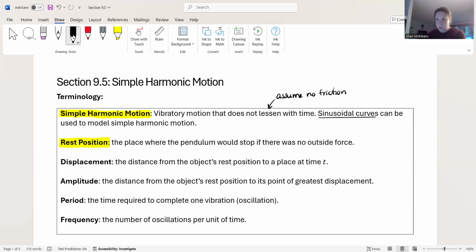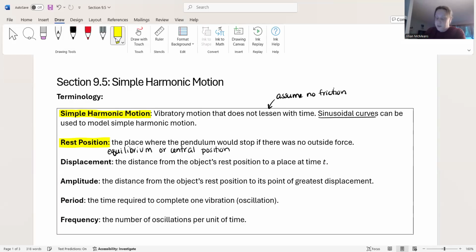We pull it down, it's no longer at rest. We pull it up, it's no longer at rest. Rest is where it would naturally stop if there was no outside force. You can also call this the equilibrium, or there's a definition I've seen that calls it the central position. We'll generally call it equilibrium, or rest is what I'm largely going to call it.